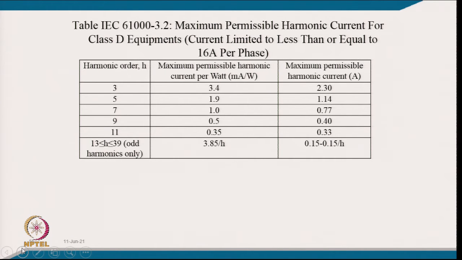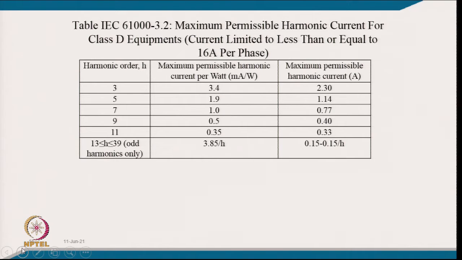And for all the odd harmonics from 11 to 39, they permit 3.85 by H milliampere per watt, where H is the order of harmonics, and certainly the maximum permitted is 0.152 divided by H, the order of harmonic.